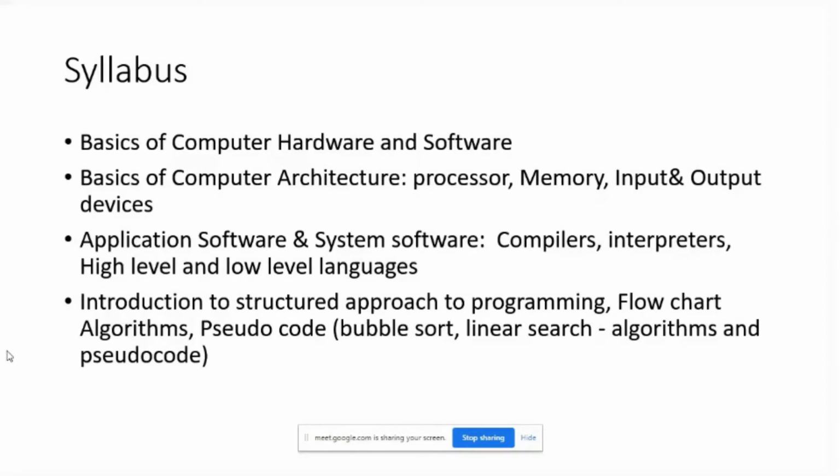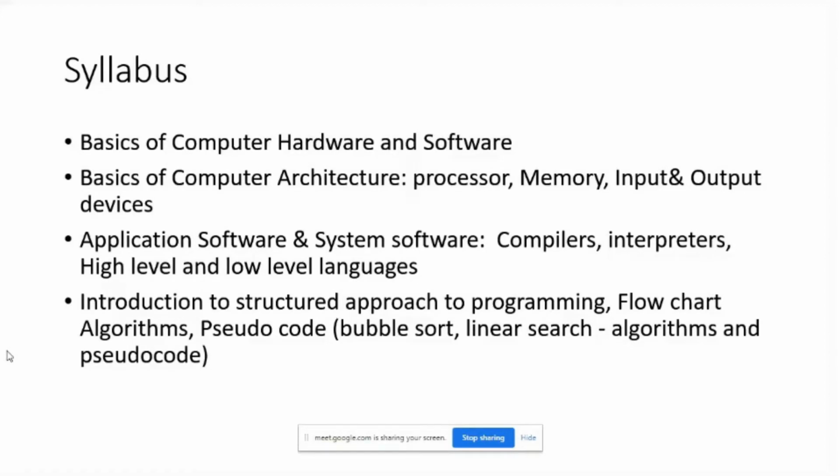Then finally, the last part of this module is we are delving into some part of programming, or the basics of programming aspects. Introduction to structured approach to programming, how a program is to be written, and what are the necessities that are required before doing a program.